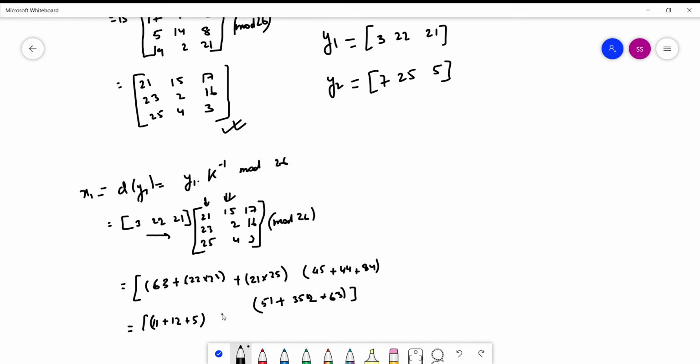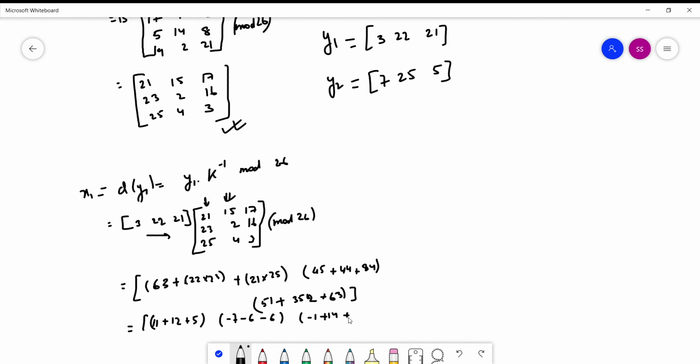The second term is 45, which I can write as minus 7. 44 is minus 6, and 84 is 6, since 78 plus 6 is 84. And then 51 is minus 1. 352 you can write as 352 minus 260 is 92, so this will be plus 14.